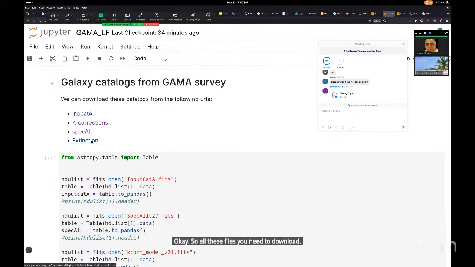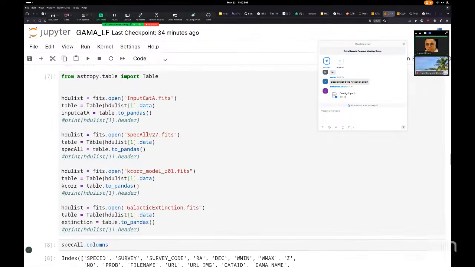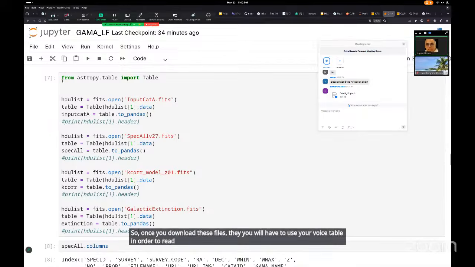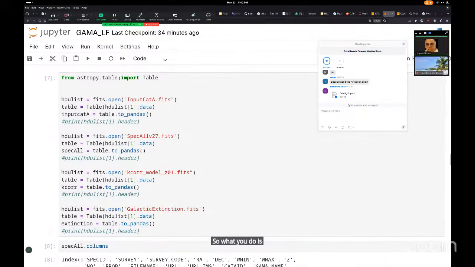So once you download these files, you will have to use astropy.table in order to read these files. So what you do is from astropy.table import capital Table.